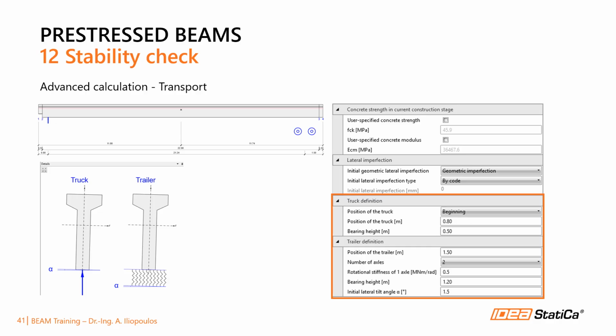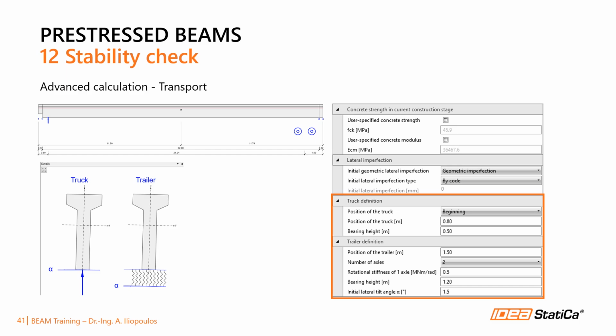And as for the trailer, the support is also a point support, but with a defined rotational stiffness. Position of the trailer defines the distance of the support from the end of the beam, and bearing height again defines the distance of the roll axis from the bottom surface of the beam.